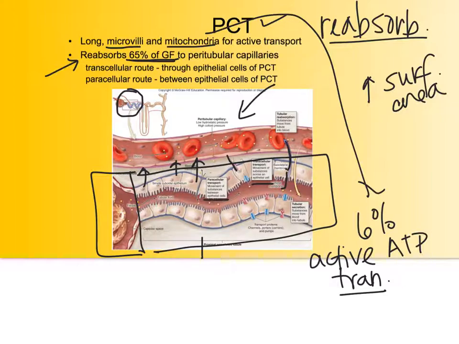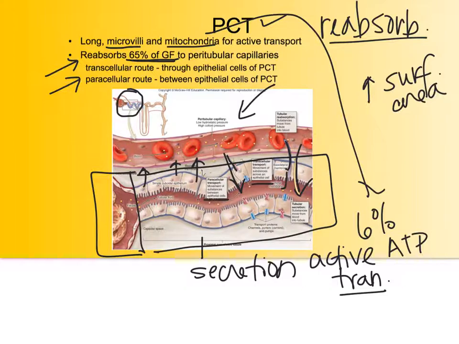We will also have some secretion, where we're going the other way, so some secretion occurring as well. But this is the big place where everything is reabsorbed.